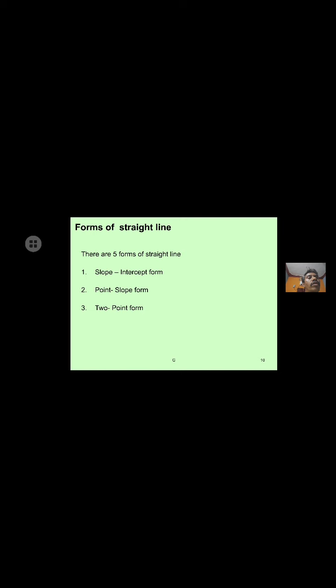Third, two-point form. Fourth, intercepts form. Fifth, general form. So an equation can be expressed in these forms, and according to the available data, we can choose any of these 5 forms.